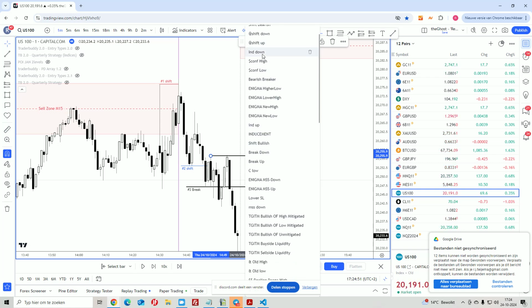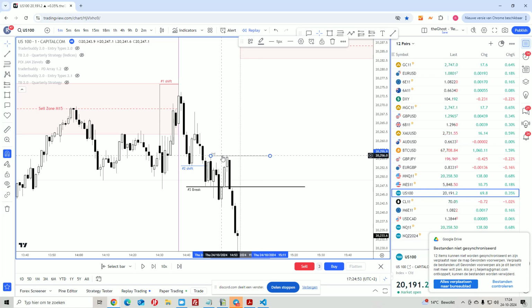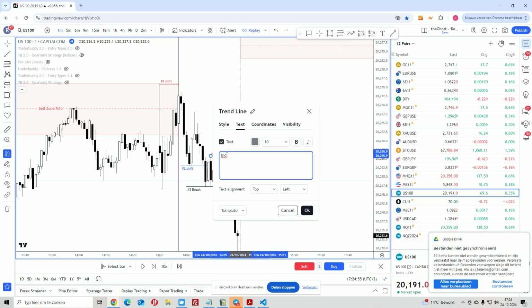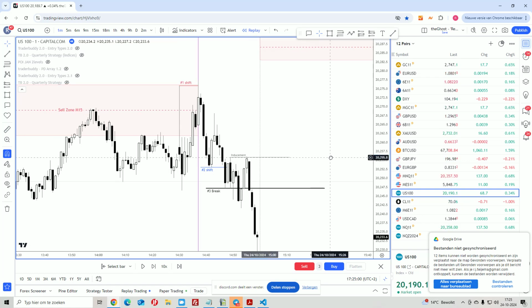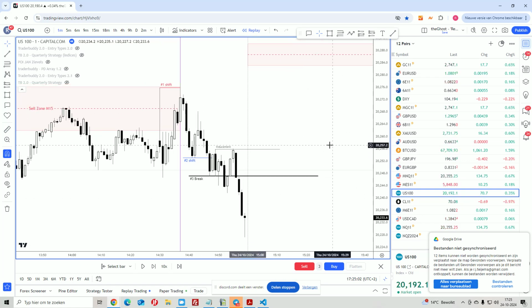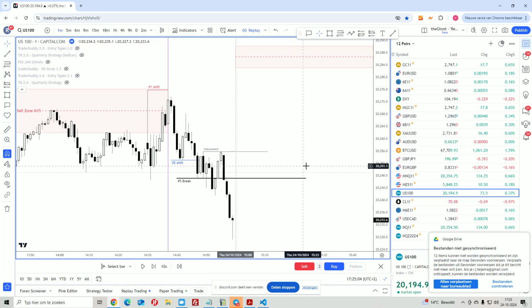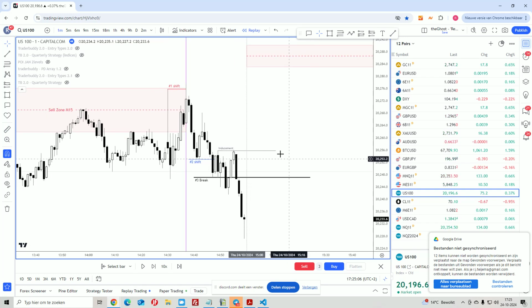Inducement down. And actually this is the only thing you need to know. Shift 1, shift 2, shift 3. When shift 3 is broken, you look for the highest point. And that's called your major inducement.